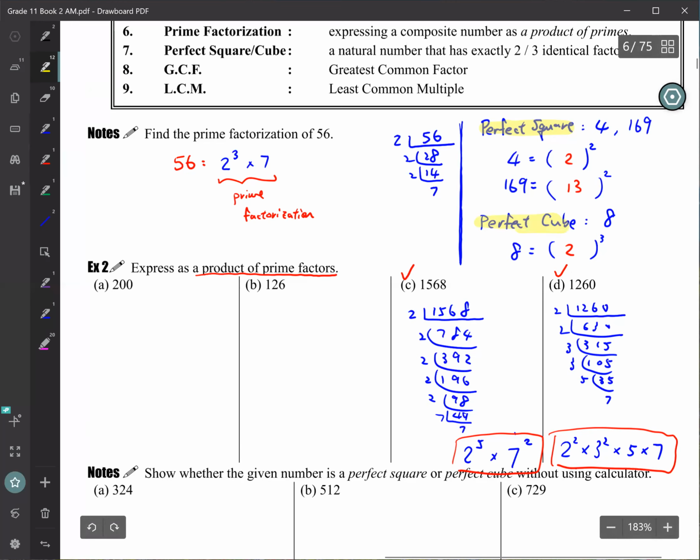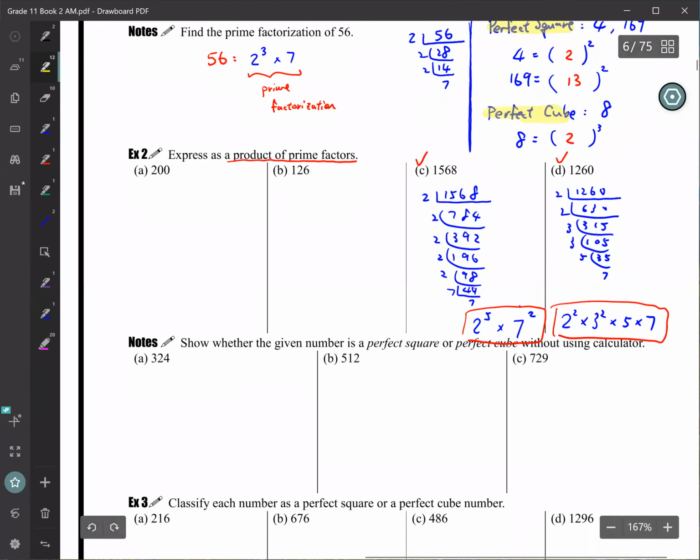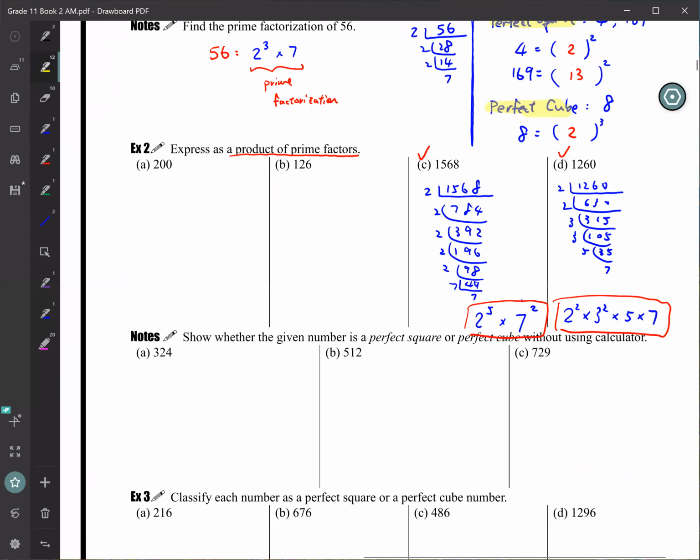So for example, right, let's say I want to do 324, right? We'll go back to the bottom now. Okay, so we want to show whether the number is a perfect square or perfect cube without using calculator, right? Of course, if you use calculator, you just try to square root it, right?